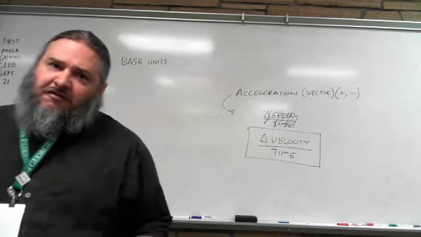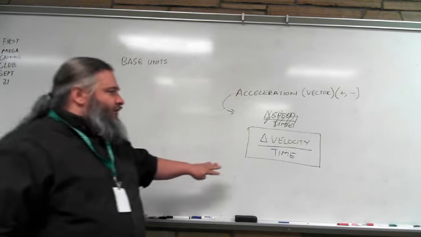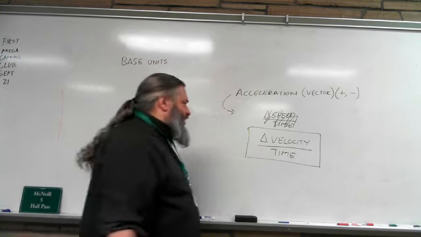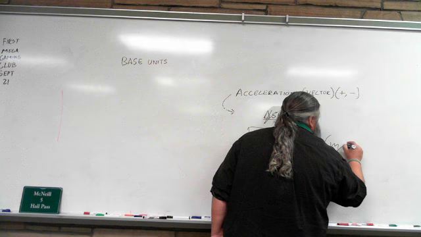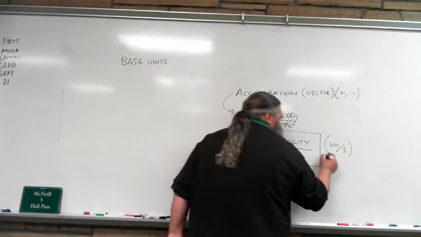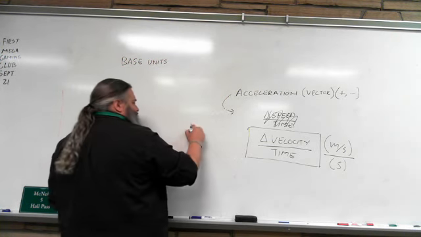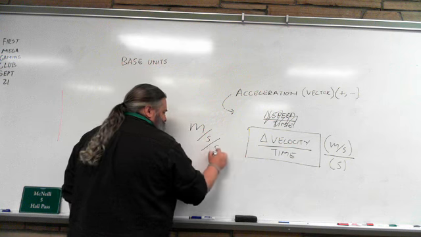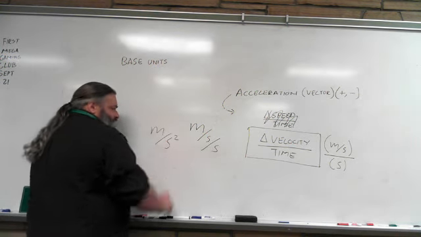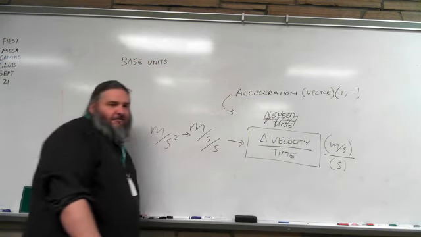The change in velocity per unit of time. So when we're referring to velocity, what were the units for velocity? Meters per second? And the units for time? Seconds. So typically, acceleration is referred to as a meter per second per second, or a meter per second squared. Either one of those is referring to the exact same thing.